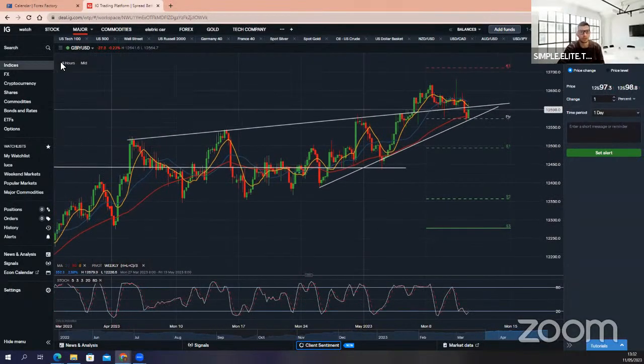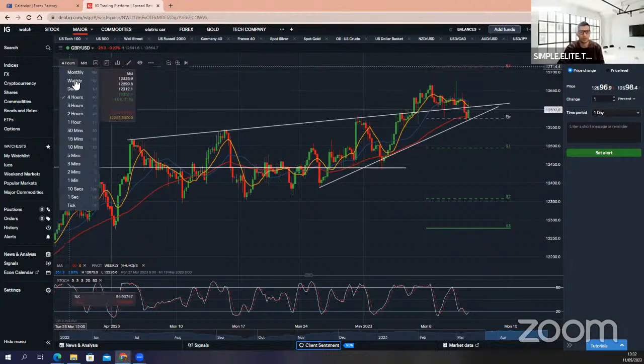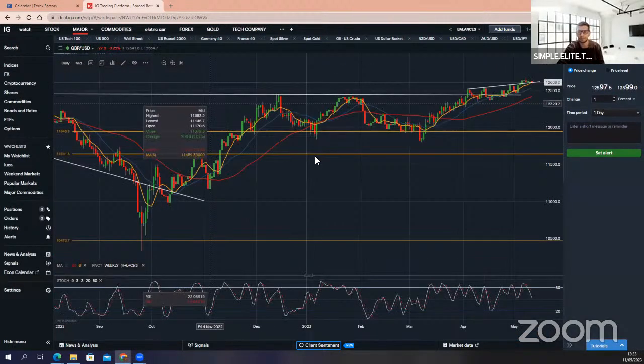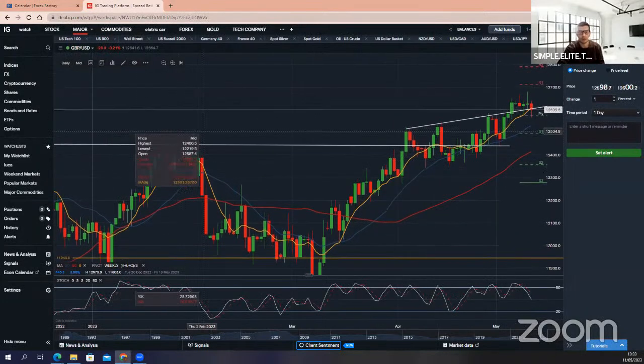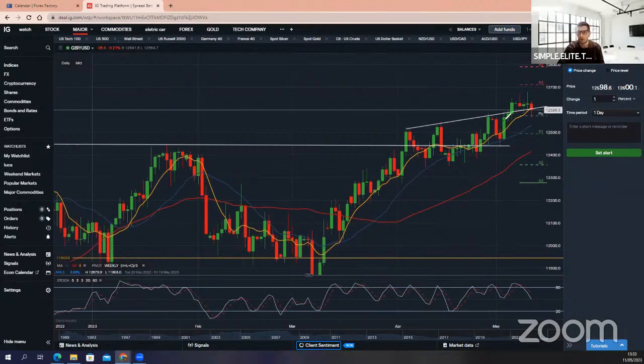Pound as well is on top of my list to short, because you can clearly see on the daily time frame it is struggling to break this 126. We saw a couple of days ranging and now it is below the trend line, which is nice.